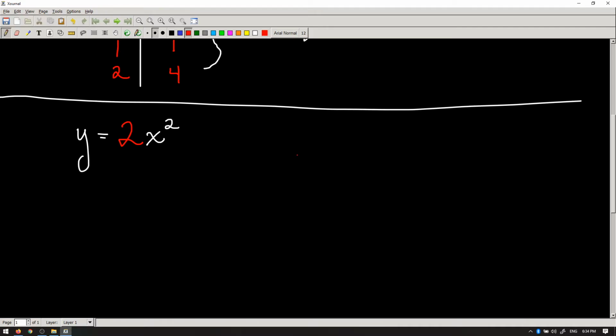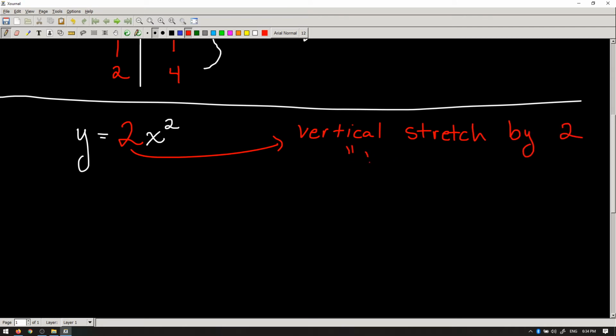So this a value causes a vertical stretch, and in this case it's by a factor of 2. I can abbreviate this as VS by a factor of 2.